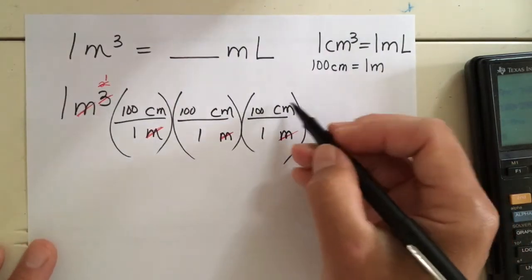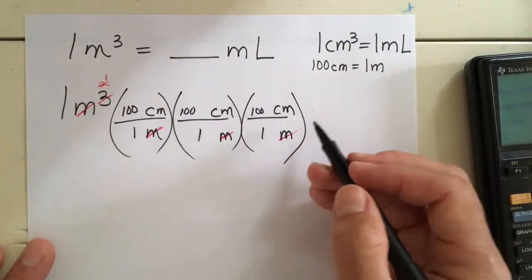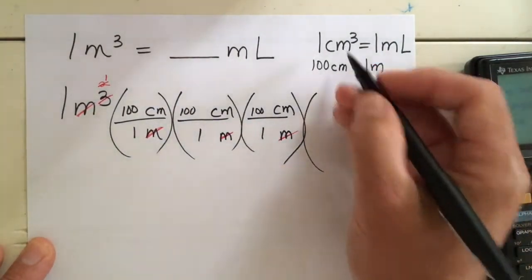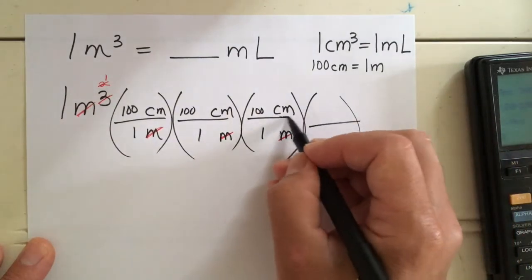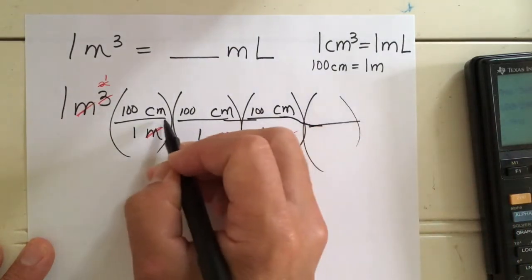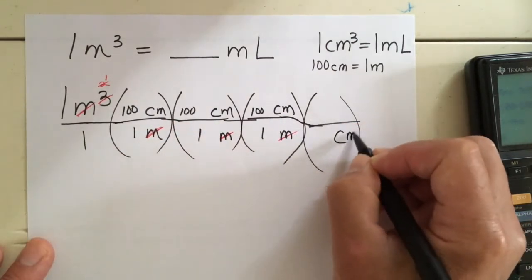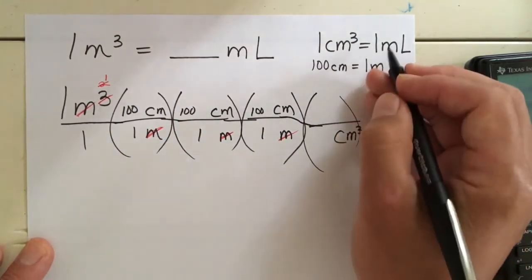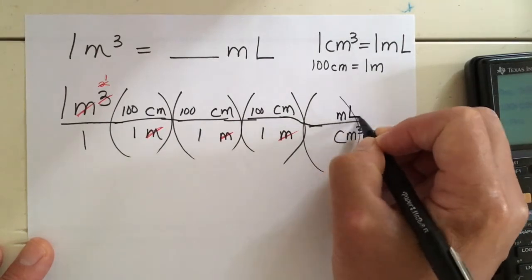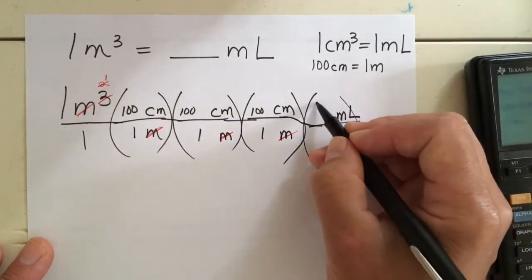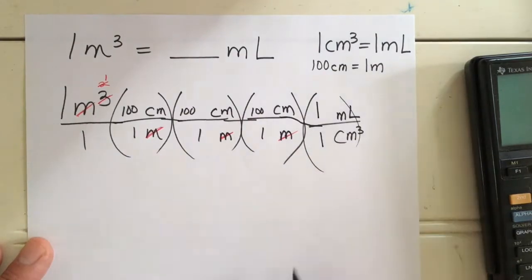So we have centimeters cubed, centimeter, centimeter, centimeter on top. Let's go ahead and put this centimeter cubed. We don't want it, right? It's just a giant fraction party. All right, we don't want the centimeter cubed, so we're going to put it down there, and we'll stick the milliliters up here. So apparently 1 milliliter is the same as a centimeter cubed.